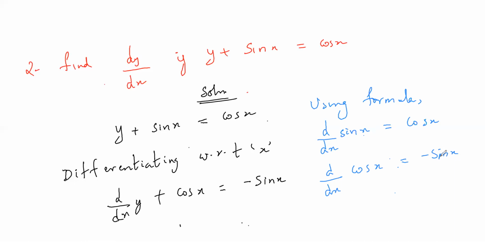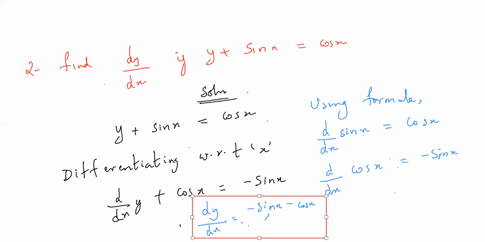What did they ask you to find in this? Find dy by dx. So that is nothing but minus of sin x plus cos x. So the answer is dy by dx is equal to minus sin x minus cos x. That's it.